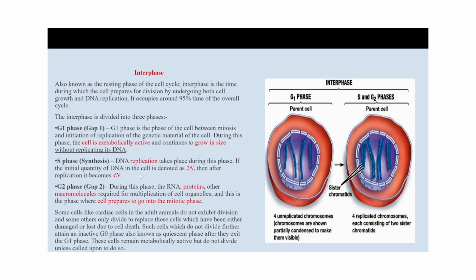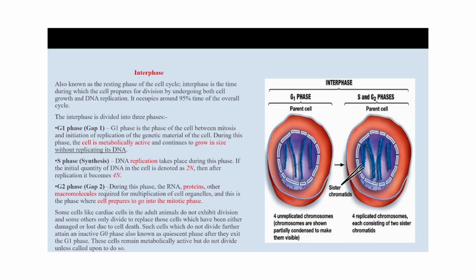Next phase is S phase. As the name suggests, synthesis phase. Here the replication of chromosomes takes place. If in the beginning the number of chromosomes is equal to 2n, then after this S phase or replication phase, the chromosome number becomes 4n.